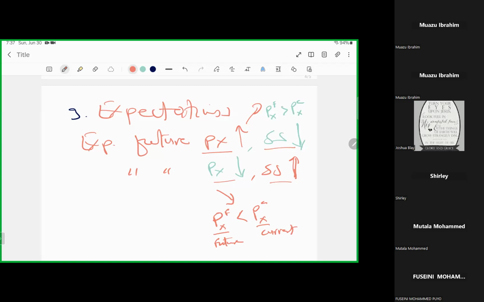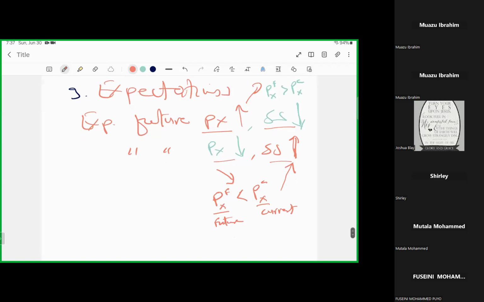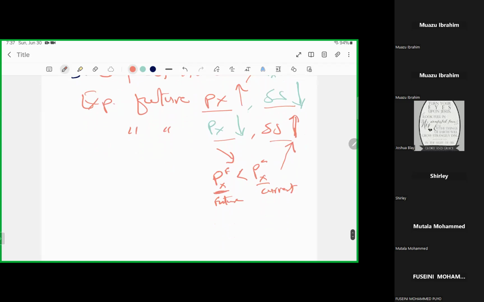So what do you do? You tend to supply more of the goods now, instead of waiting to supply in the future, when the price will be lower.